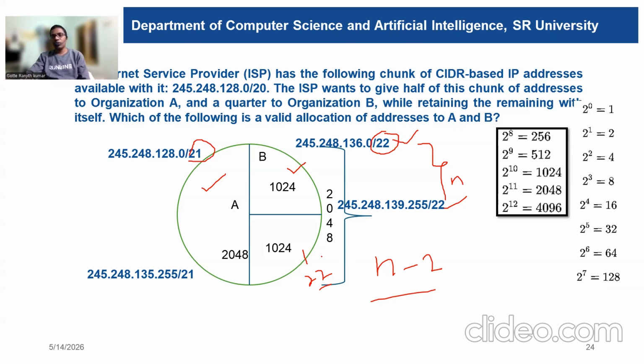So using classless interdomain routing, we can reduce wastage of IP addresses. And whenever we are dividing any network into subnetworks, we should follow this rule, that is 2 power n. In the form of 2 power n, we divide that network into some subnetworks. Okay, so this is about CIDR and variable length subnet mask.